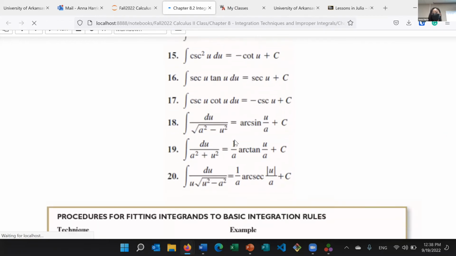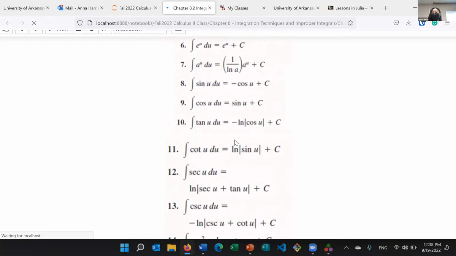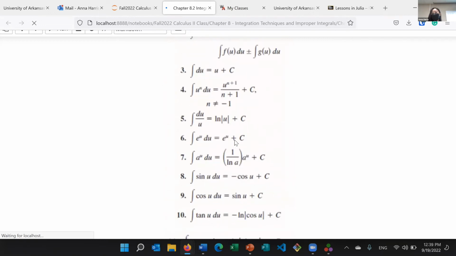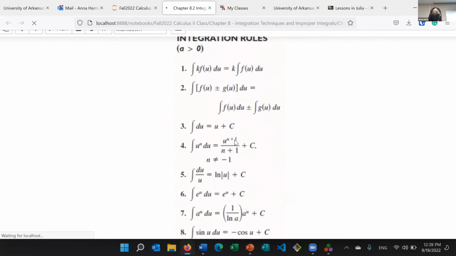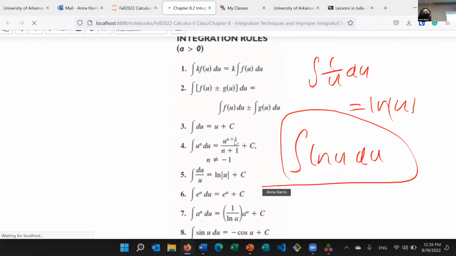Where? What number? No, number 5 is not. Number 5 is 1 over u du gives you natural log of u. It's not natural log of u du. I don't have that as a basic integration rule.